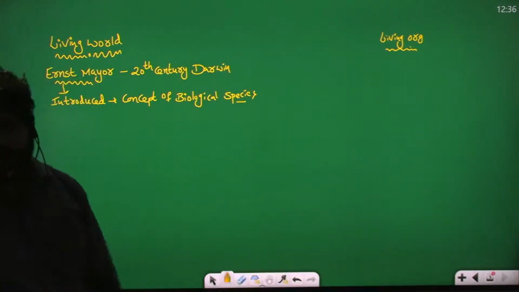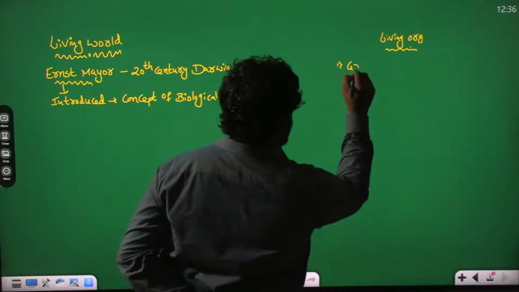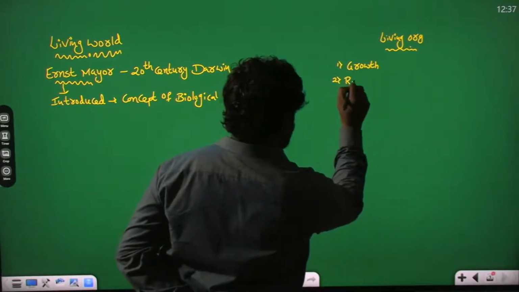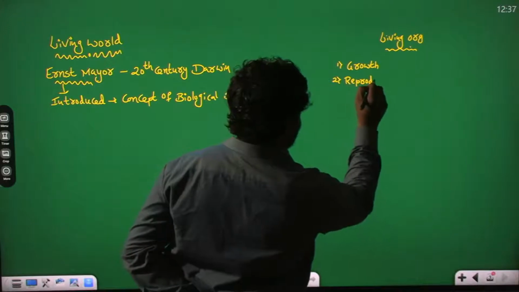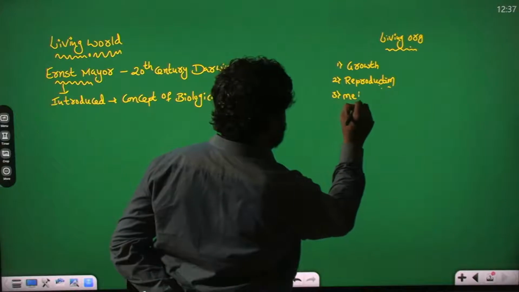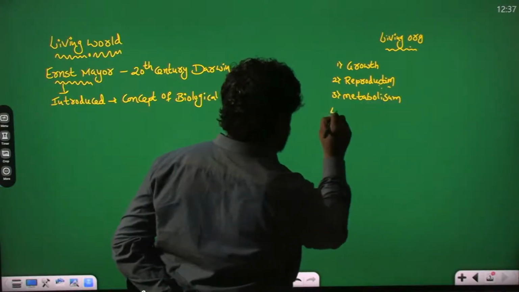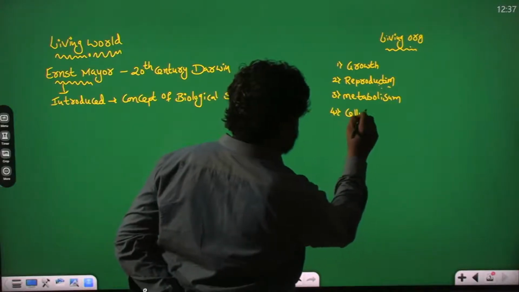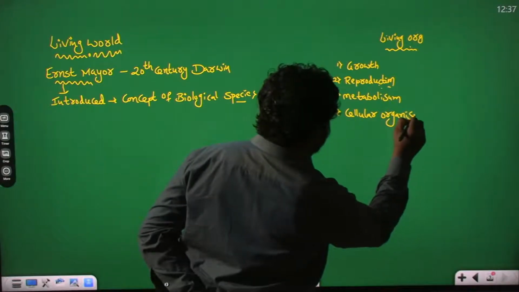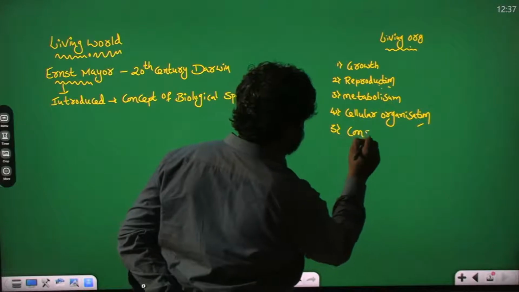For example, if you take one living organism, 5 important characters are present. The living characters: growth, second reproduction, metabolism, cellular organization, and fifth, consciousness.